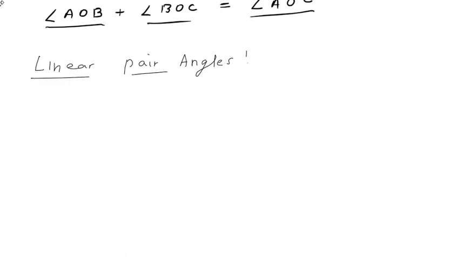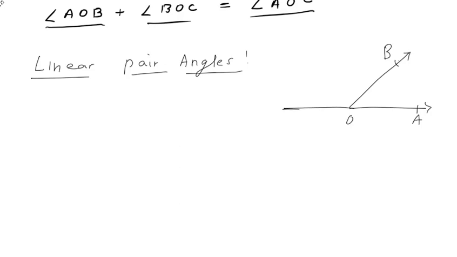Adjacent angles are said to be linear pair angles when the non-common arms, so say we have angle AOB, and we have one more angle in such a way that the non-common arms form a straight line.